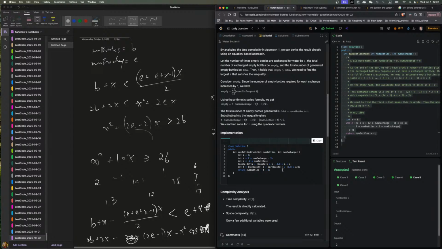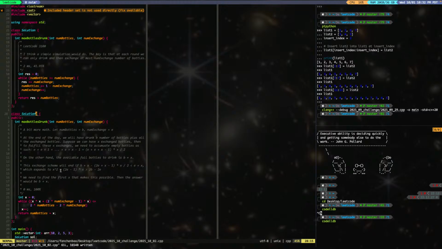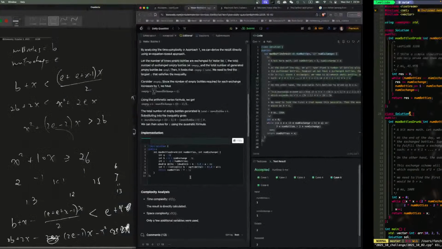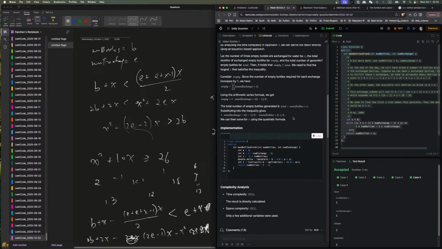Yeah, I guess you can. You have delta. It's yeah, b squared minus 4ac. This is basically solving this quadratic equation. Yeah, you can do that, or you can iterate it through as well.